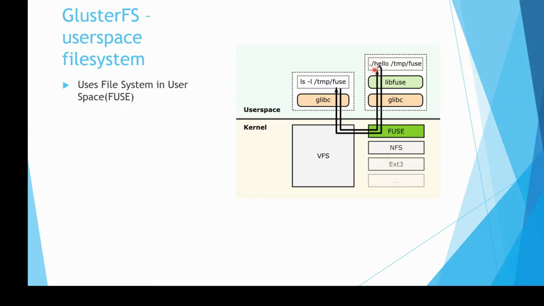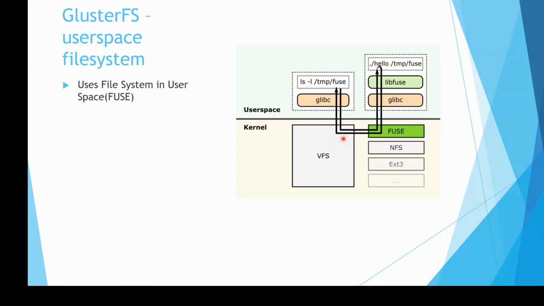In this example, hello is a Gluster file system, and to this hello Gluster file system we are passing the mount point /tmp/fuse. When a user executes a command in that file system, for example ls -l in /tmp/fuse, that request goes to the VFS, and VFS knows that it is going toward a Gluster file system in user space.